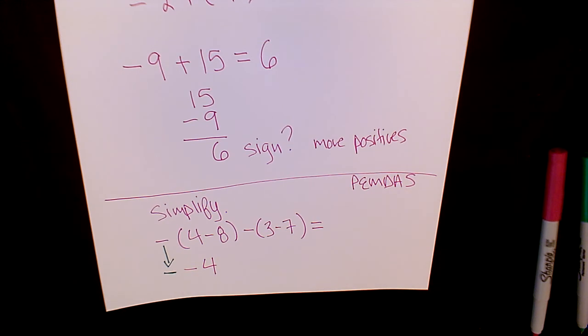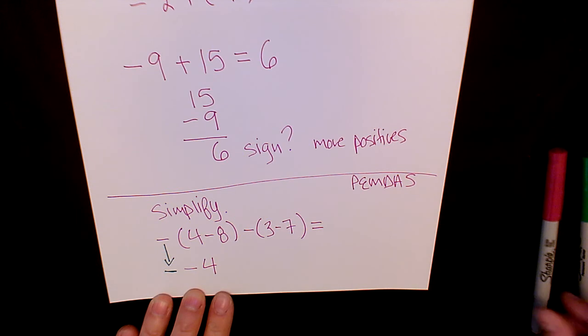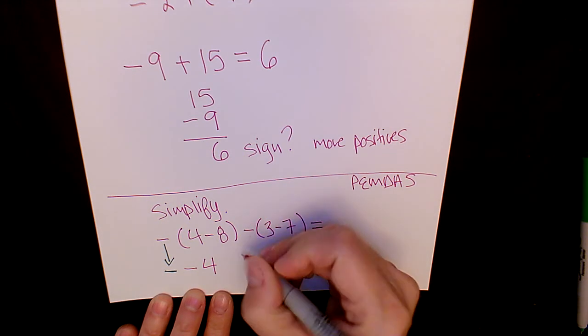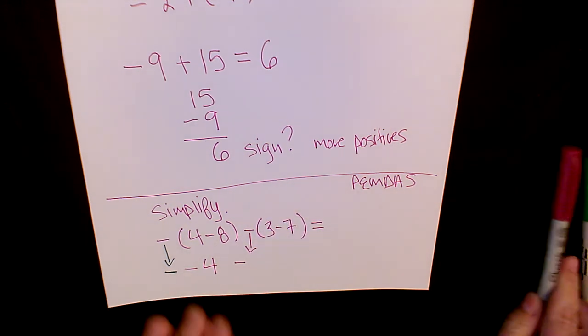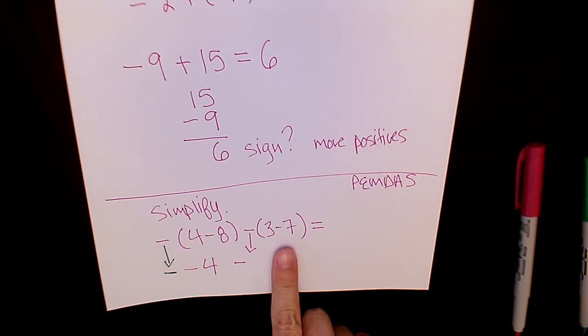So I have a -4. I have a double negative. Then I'm going to bring this one down. What's 3 minus 7? Well, I've got a +3 and a -7. If we subtract, what's 7 minus 3?